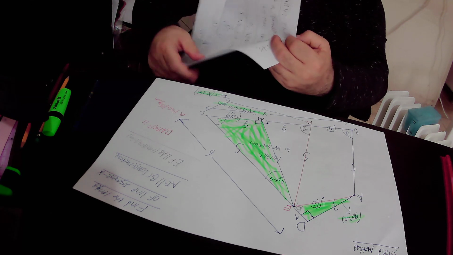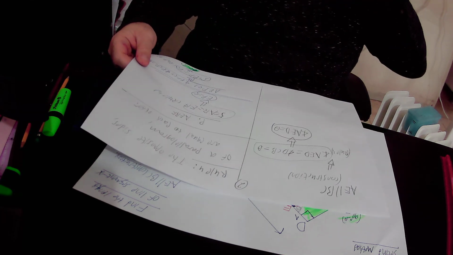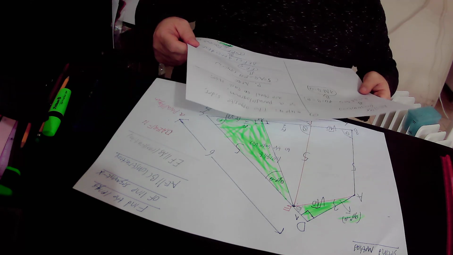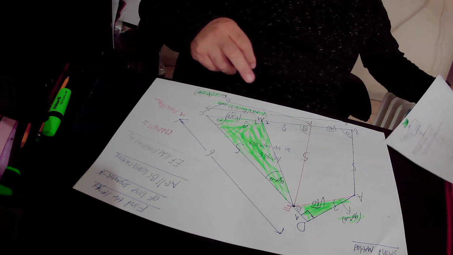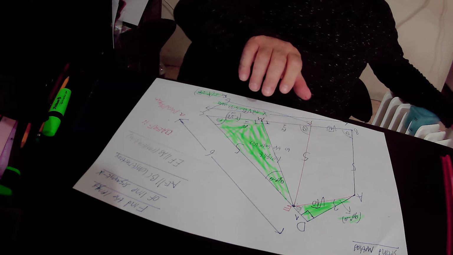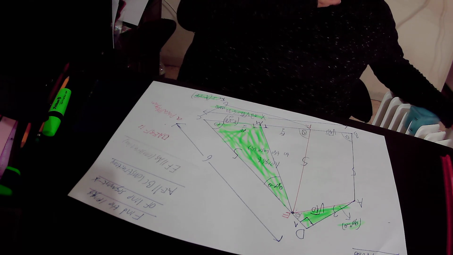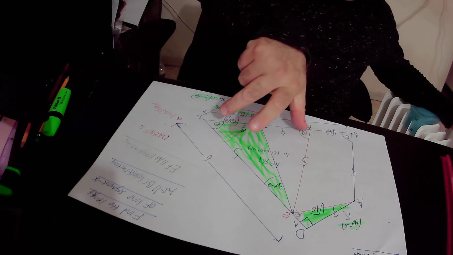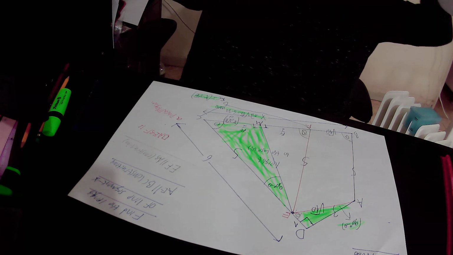Okay, then here in triangle EFC, those two angles are both equal to theta, therefore they are equal to each other.